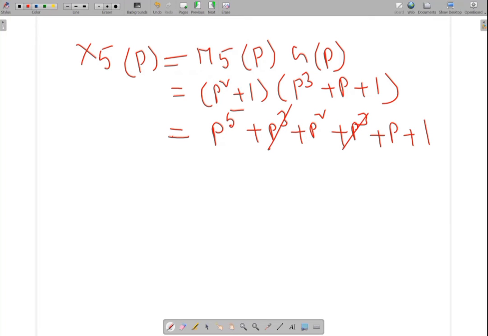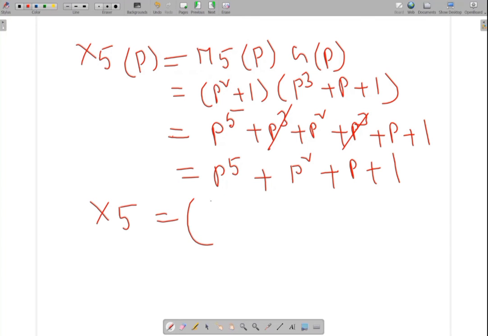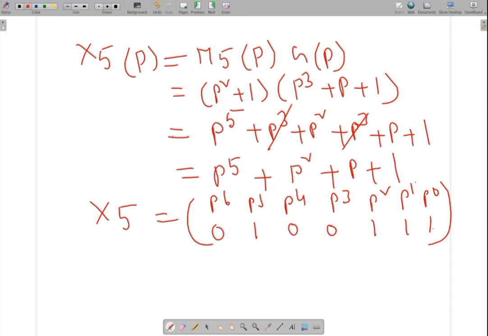P cube cancels, therefore P power 5 plus P square plus P plus 1. Therefore x5 is equal to P power 6, P power 5, P power 4, P cube, P square, P power 1, P power 0: 0, 1, 0, 0, 1, 1, 1. This is the x5 vector.